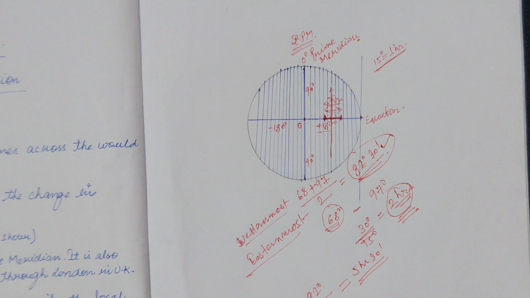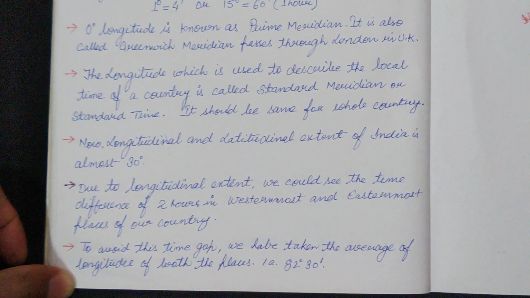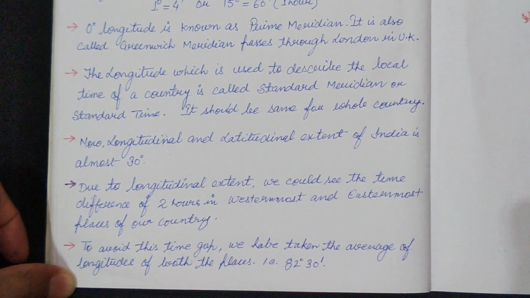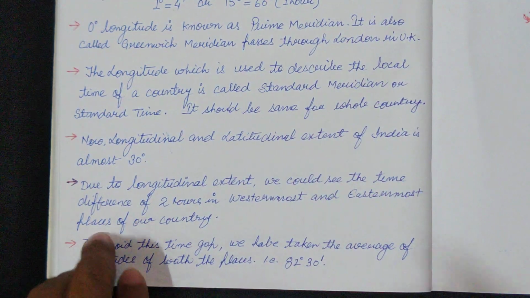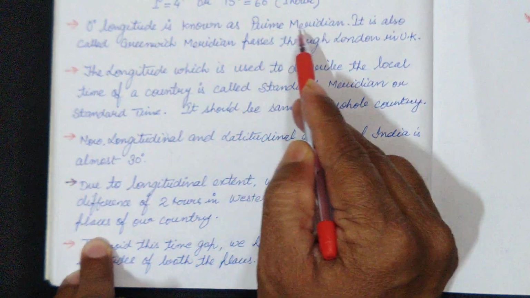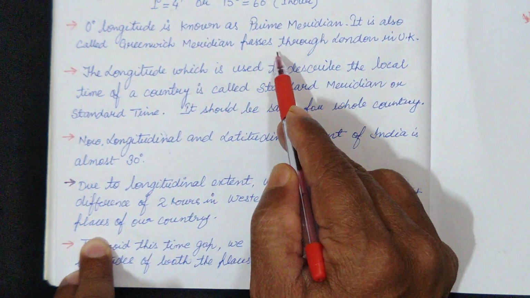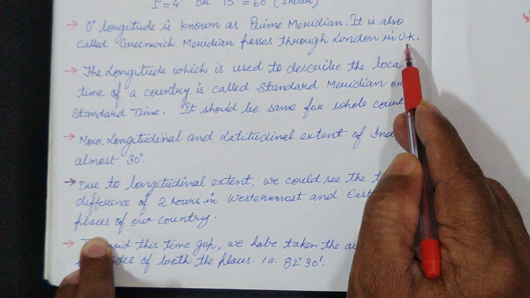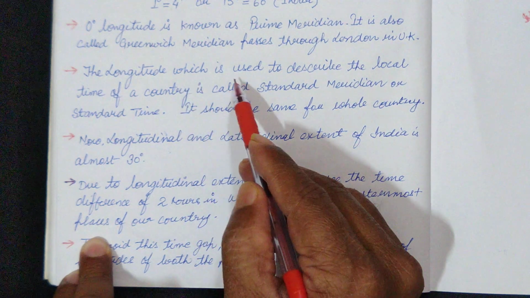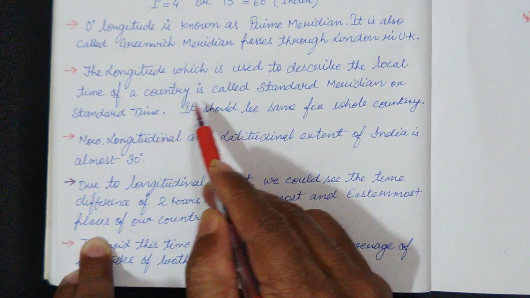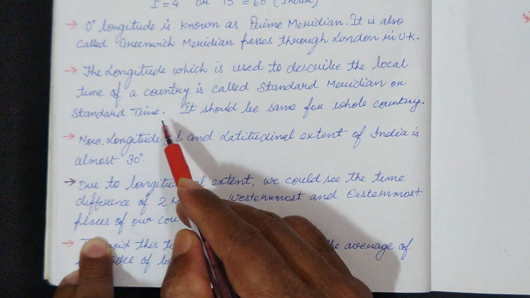So please go through this video. Whatever points I have discussed with you with the figure, I have written here, right? What I have written here: 0 degree longitude is known as the prime meridian. It is also called the Greenwich meridian, and passes through London in the UK. The next point is that the longitude which is used to describe the local time of a country is called the standard meridian or standard time.